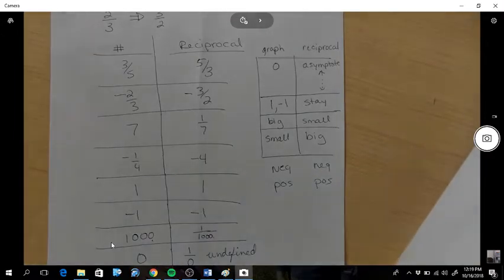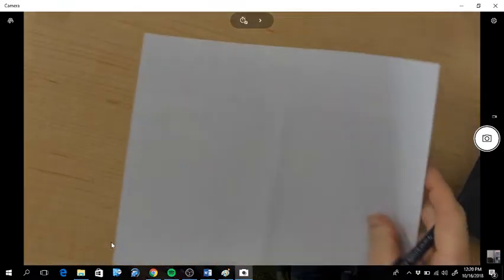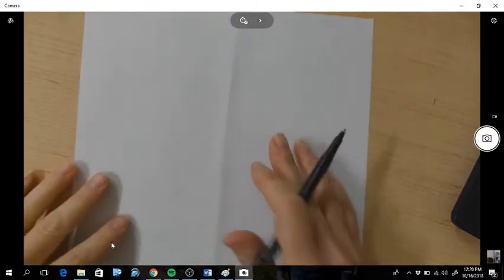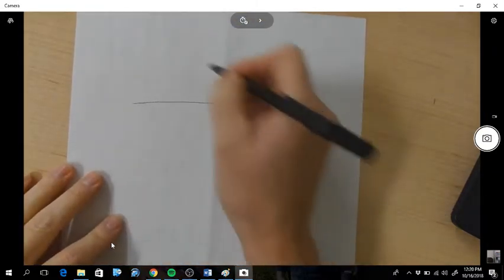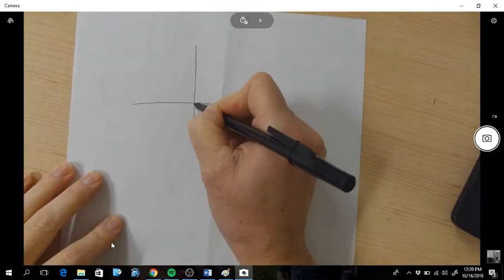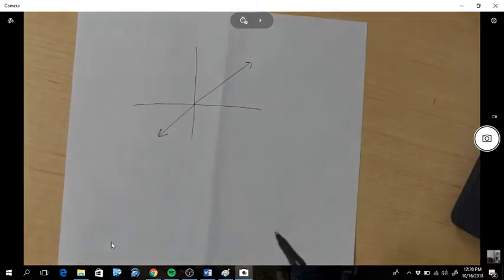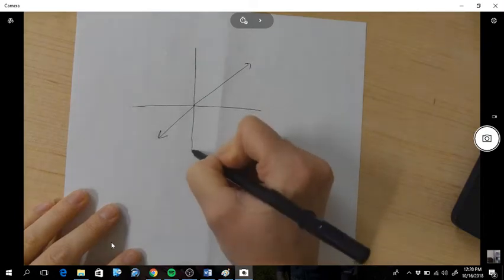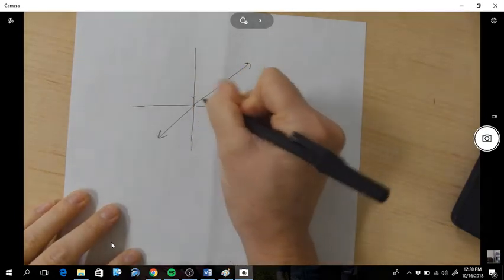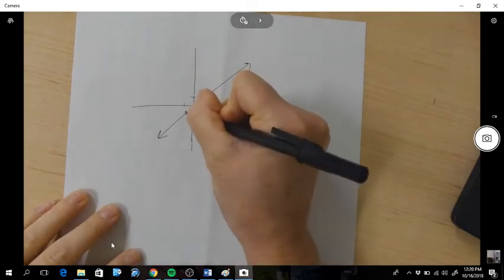So I'm going to draw you a graph. I'm just going to draw you a line. This is just a slope of 1.